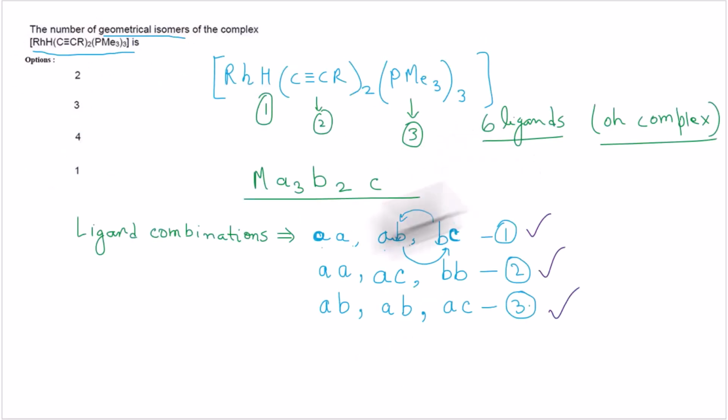We have written here MA3B2, so A3 belongs to PMe3. B2, the two ligands, are the C triple bond Cr2, and the single ligand is the hydrogen H over here. So this is what we can imagine for the given groups.